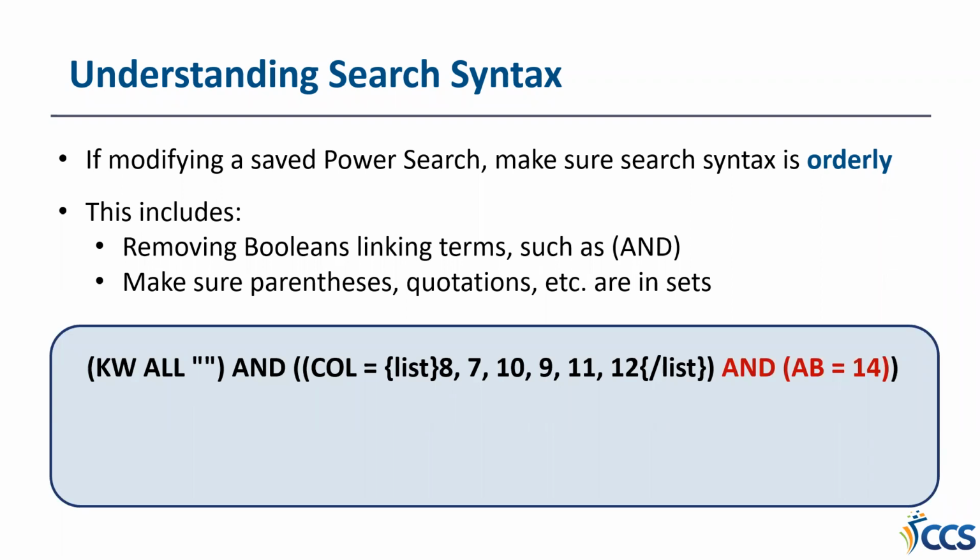So this includes the actual access point, the AB equals command, and we also need to remove that Boolean that's linking the access point to my search. So I'll also need to delete the and. Now, for syntax, we'll pay attention to those parentheses that are grouping our access points. As long as we have a full set of parentheses, our search will run.